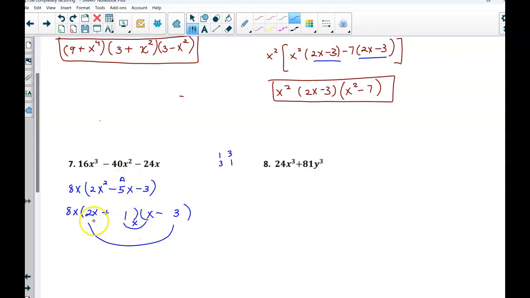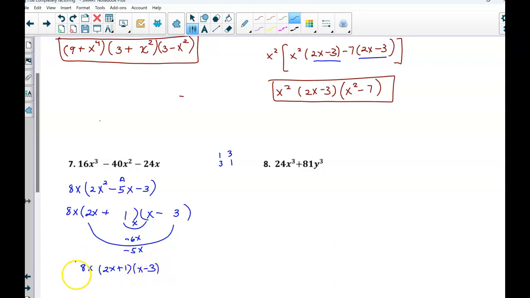So this is x. 2x times the negative 3 is negative 6x. And when you add down, you get negative 5x, which is what you want. So my answer is 8x times 2x plus 1 times x minus 3.